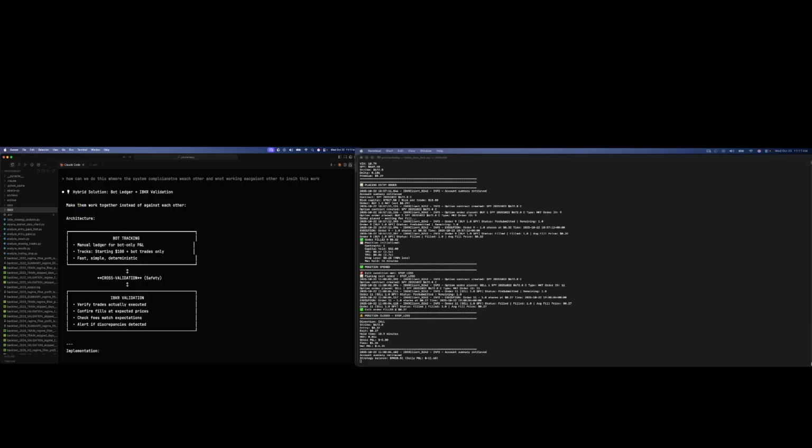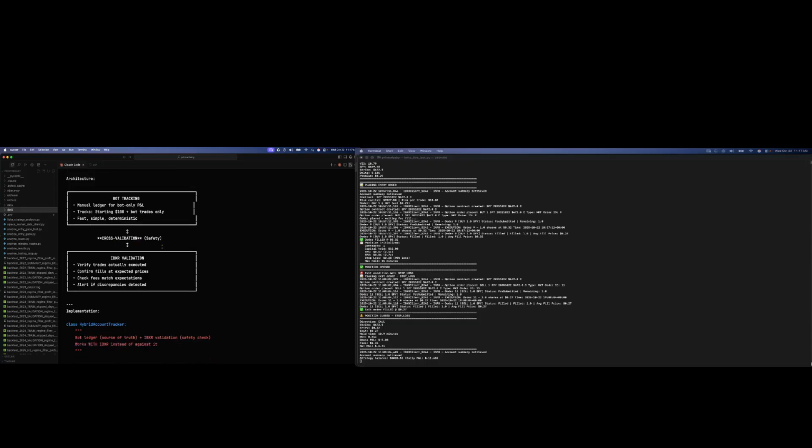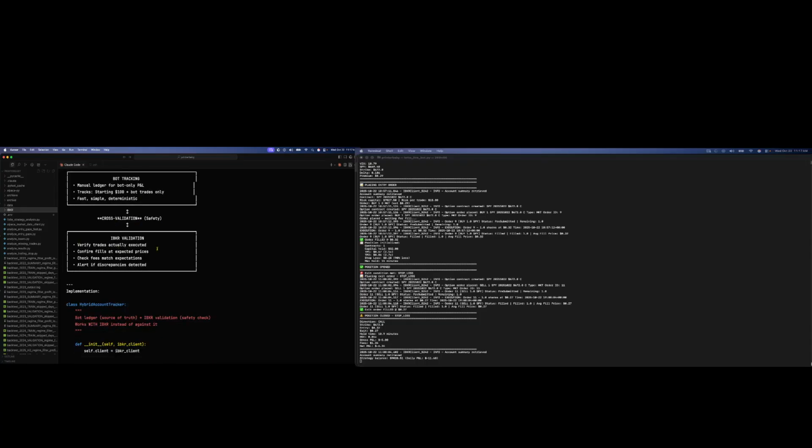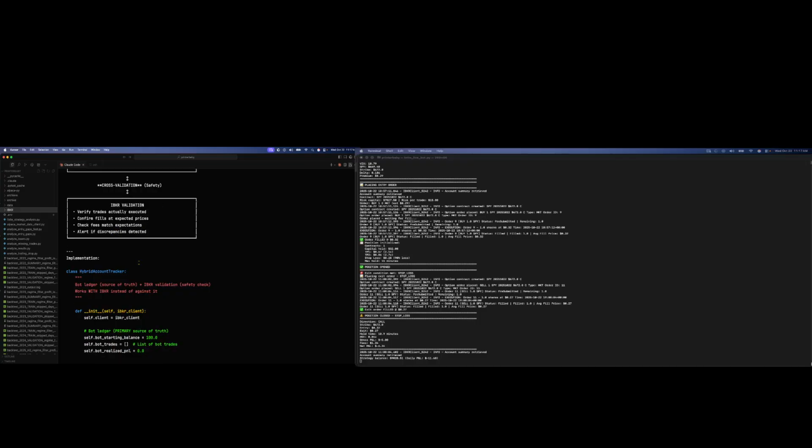Hybrid solution: the bot plus the IBKR validation, make them work together instead of against each other. The architecture: bot tracking, a manual ledger for the bot-only PNL, starting at $100 plus bot trades. Fast, simple, and deterministic. Cross validation: verify trades actually executed, confirm the fills at the expected prices, check fees, and then alert if a discrepancy is detected.